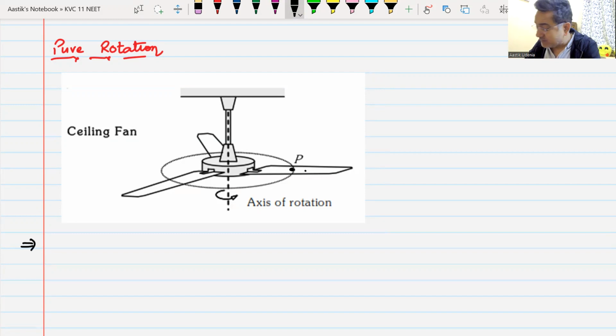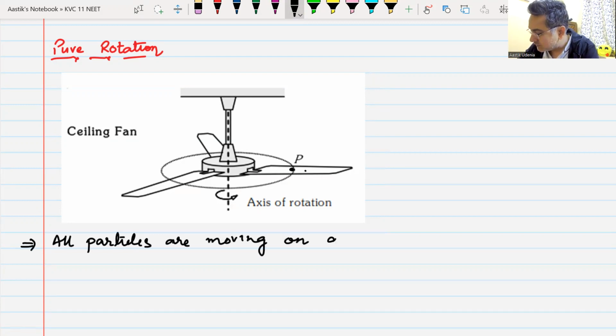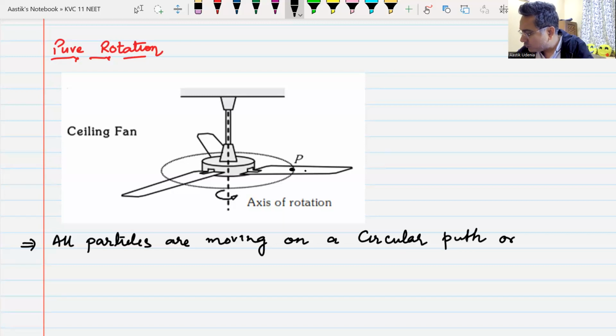If a body is moving in such a way that all particles are moving on a circular path, or you can say they are moving in circular motion. Do we understand this?